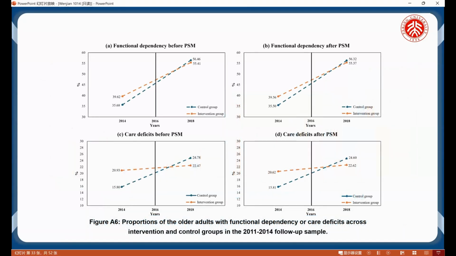This figure is the proportions of older adults with functional dependence or care deficits.